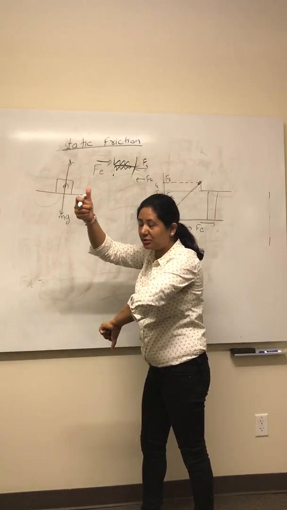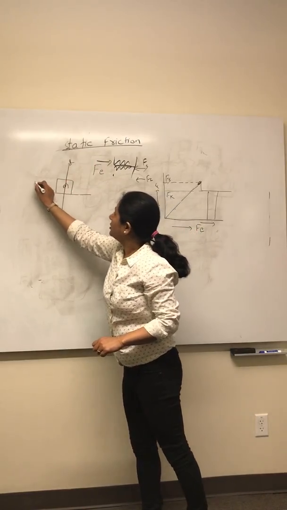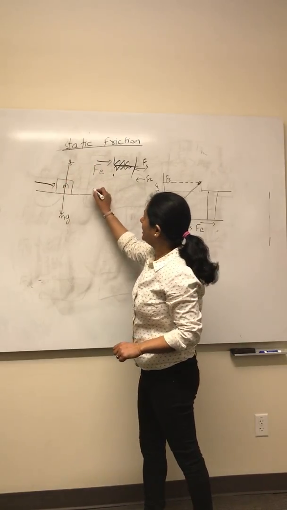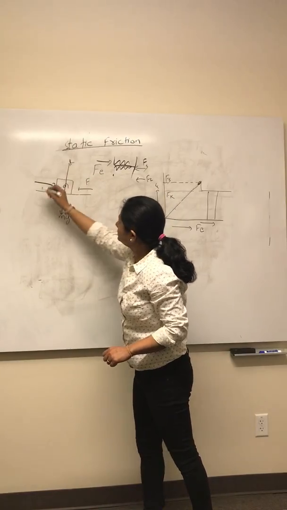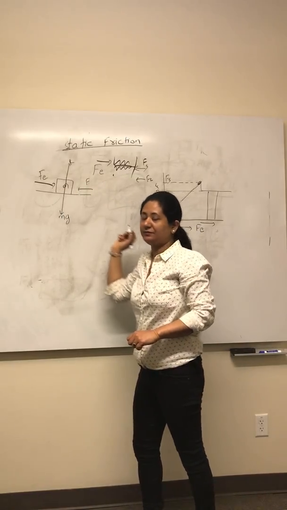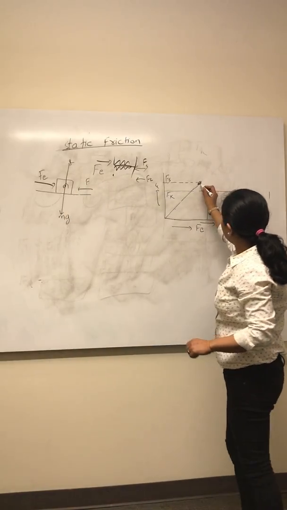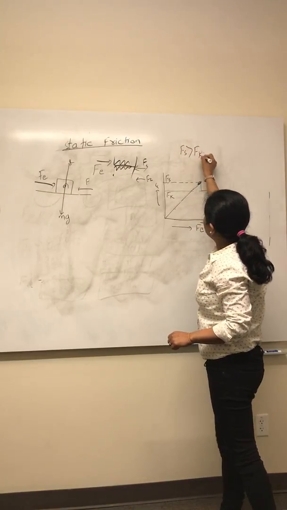They cancel each other. That is why this body doesn't move up or down. However, depending on the external force I have applied and the frictional force in the opposite direction, the body moves towards left or towards right. From here we can see that static friction is more than the kinetic friction.